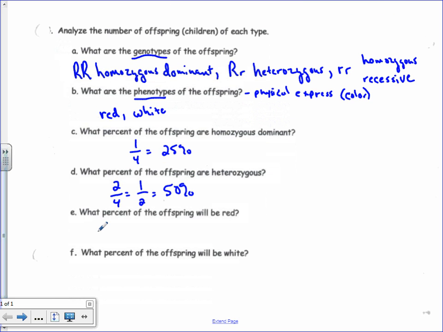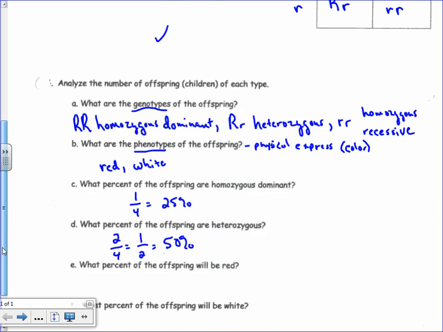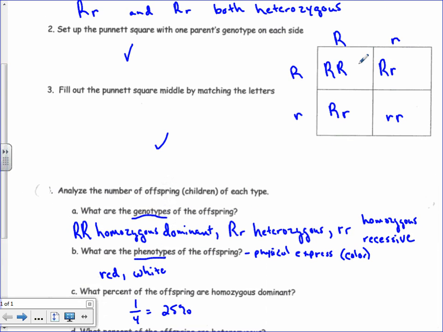And then we want to know what percent of the offspring will be red. So we look back up at the box. Anything that has the dominant trait is going to be red. So we have dominant here, we have a dominant here, and we have a dominant here. That's what dominant means.